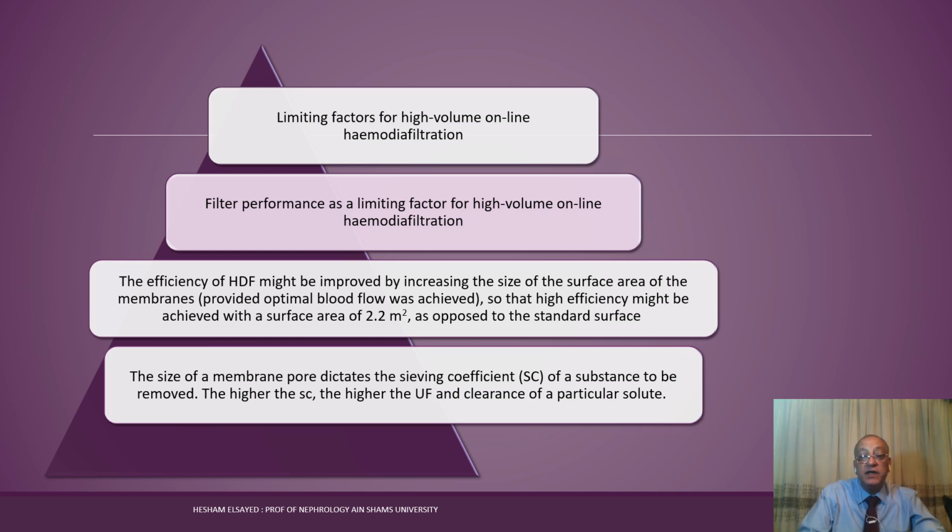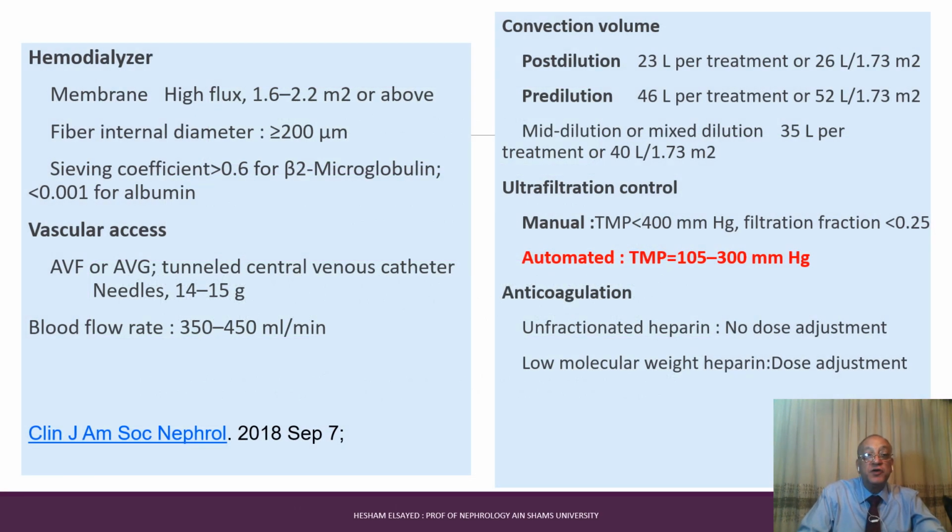Use more hydrophilic, and of course higher ultrafiltration. Usually the dialyzer KUF should be big, and we have above even 2.2, like 2.4 or 2.6, with an internal diameter more than 200 micron, with a sieving coefficient, preferably for beta 2 microglobulin, above 0.6 and preferably above 0.8.